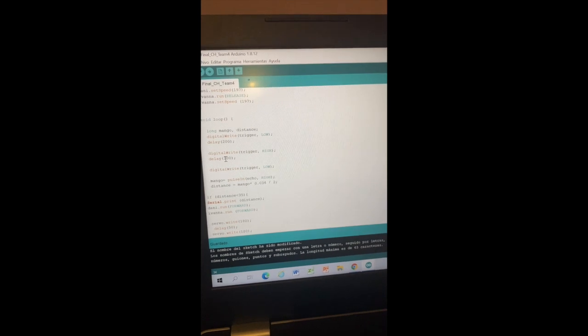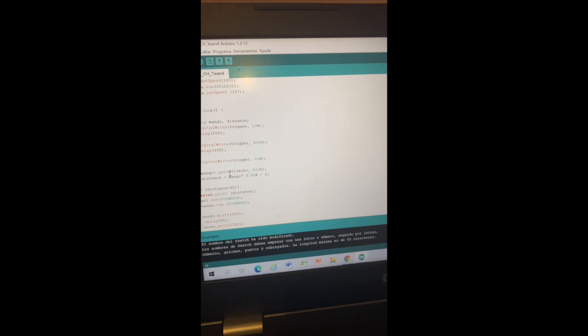And here in the digital write, we said that the trigger is gonna be low because it is going to clear the condition. And now we are activating it again for 0.1 second, and then we're clearing it again.